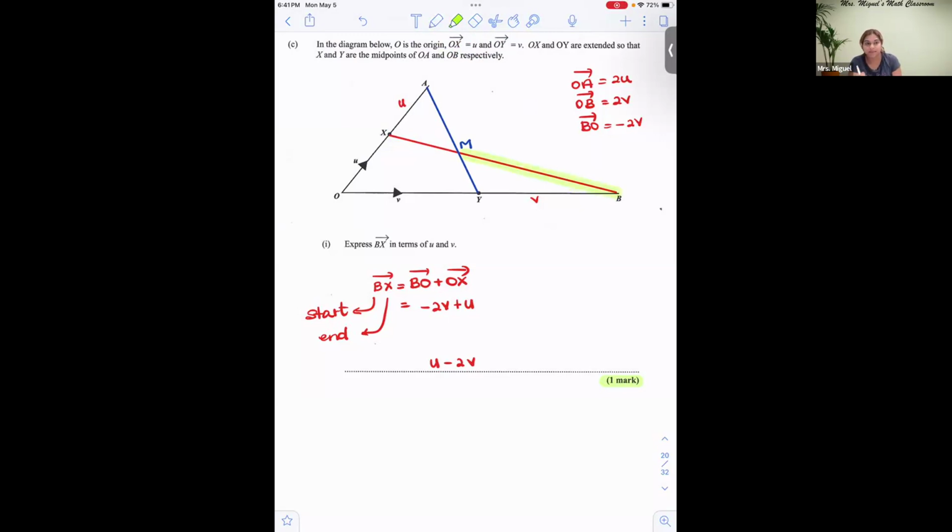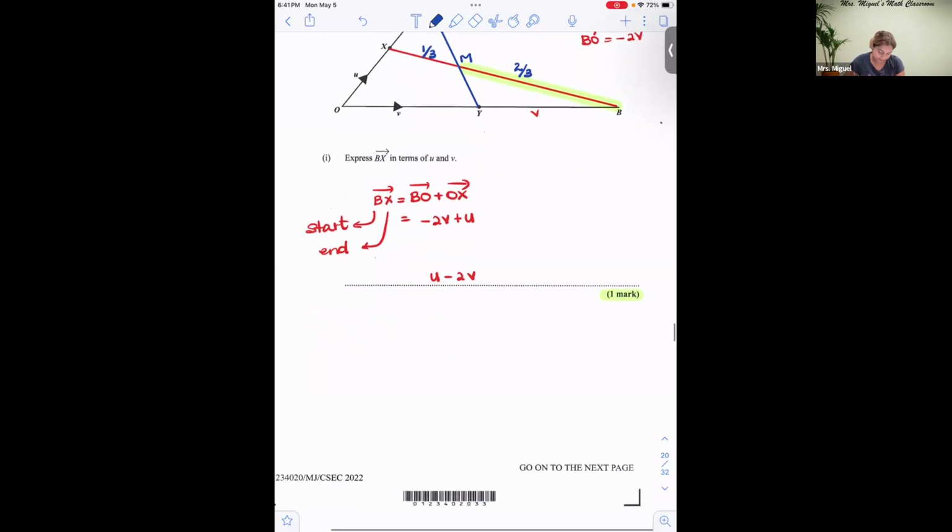But if you notice, that vector is part of this line. They also went on to say that this is 2 parts and this is 1. So therefore, it is split into 3 parts. So this is 2/3. So 2/3 of BX.